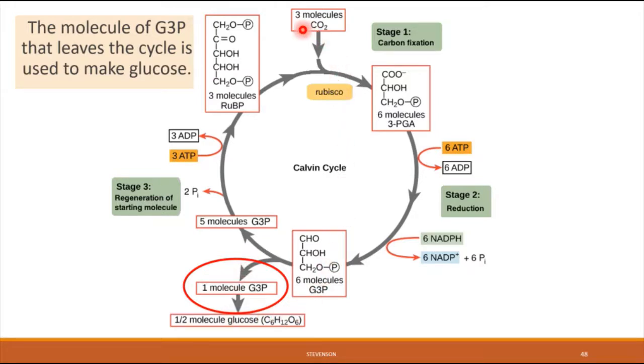So therefore, it takes 3 molecules of CO2 to make enough G3P so that one molecule can leave the cycle and be siphoned off to make glucose. Remember that G3P is only 1/2 of a glucose molecule, and so therefore, in order to make a full glucose molecule, you need 2 molecules of G3P and 2 full runs through this cycle here.